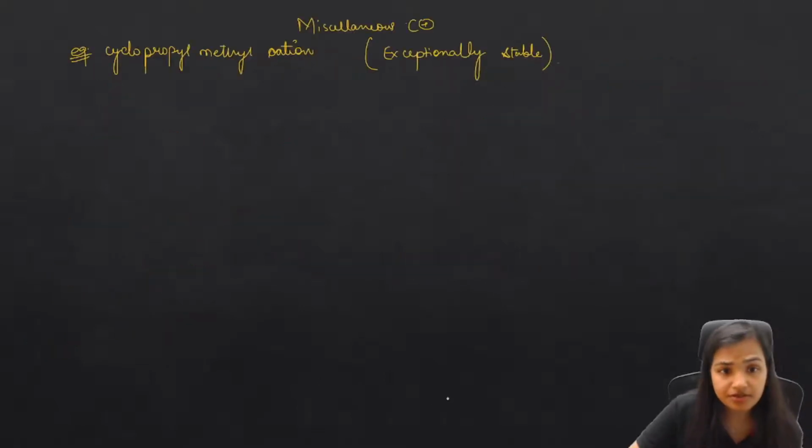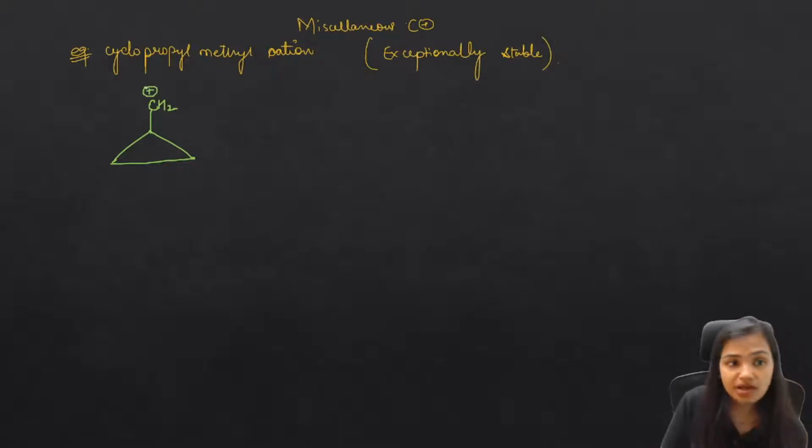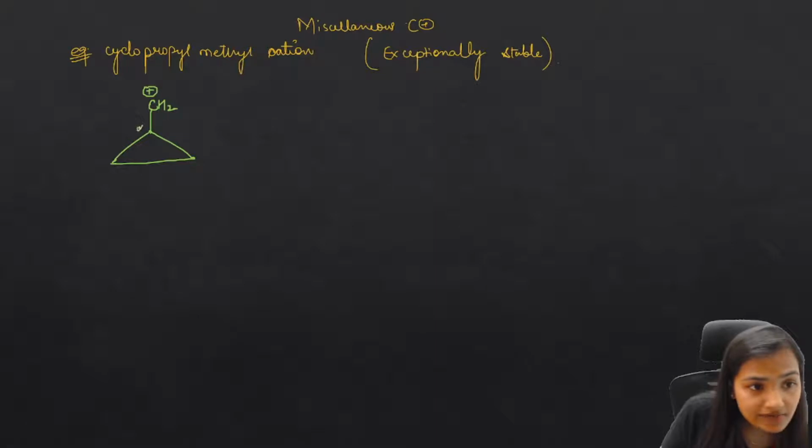let me explain it to you here. If you see the cyclopropyl carbocation, this is its alpha position. Over the alpha position, we want to look whether the ring will be able to give its electron pair or not.